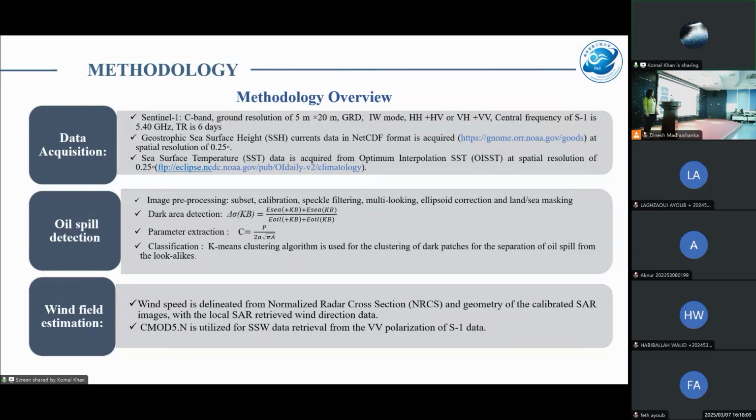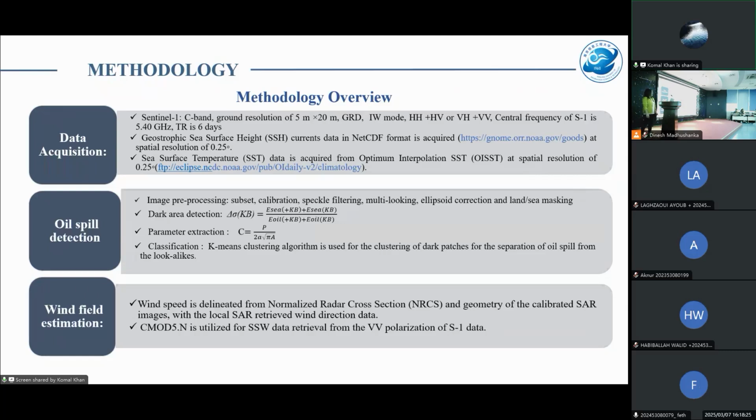OCN means ocean. I have taken IW mode, interferometric wide swath mode, which is approximately 252 kilometers. I've used VV polarization, but dual polarization mode is also available.